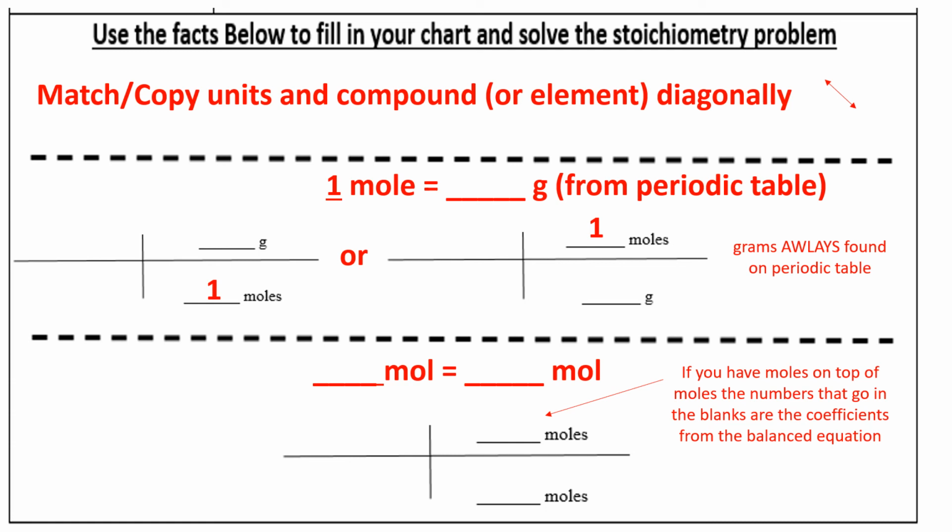Okay, so 1 mole equals the molar mass in grams. So grams are always found on the periodic table. If you have moles on top of moles, the numbers that go in the blanks are the coefficients from the balanced equation, which we've talked about.